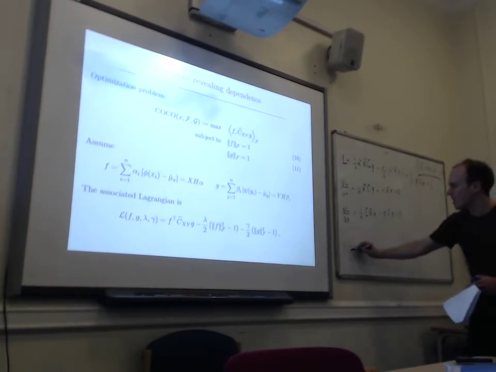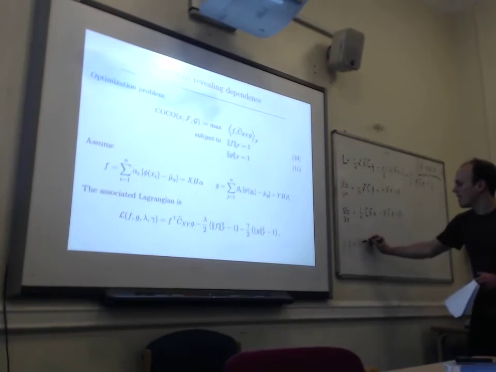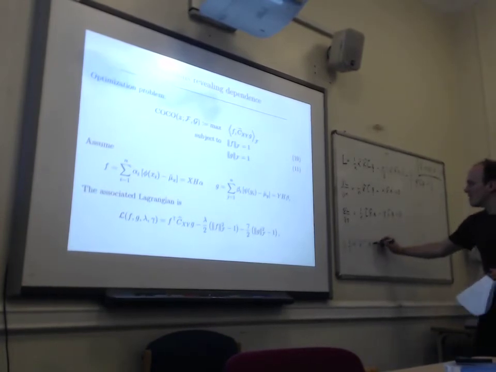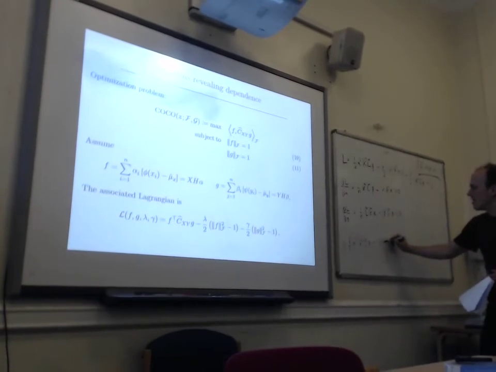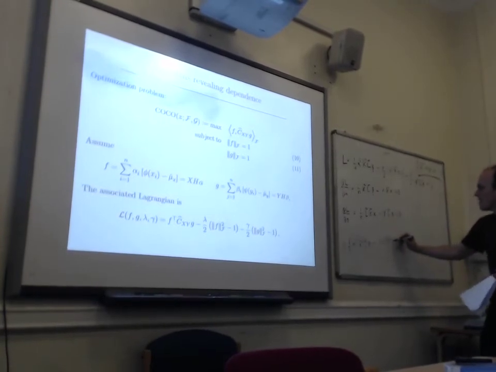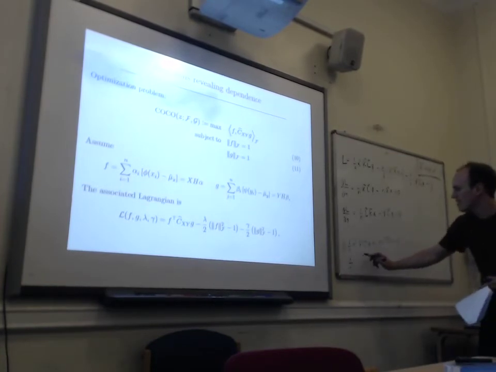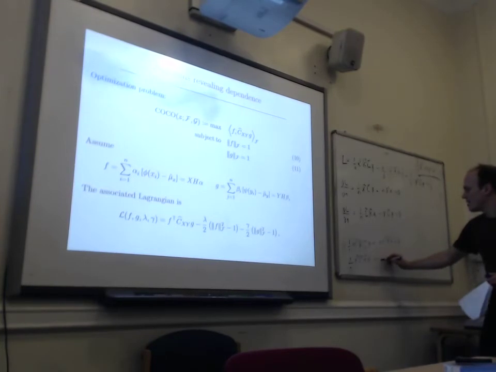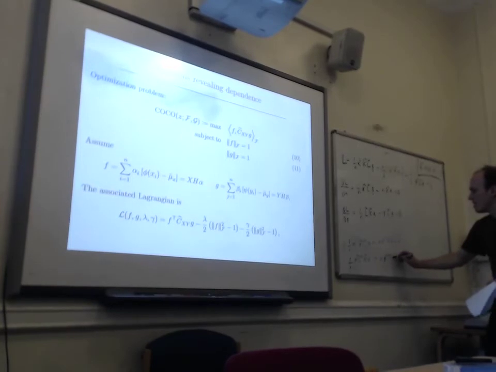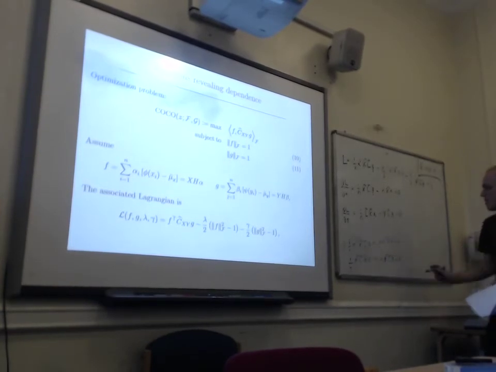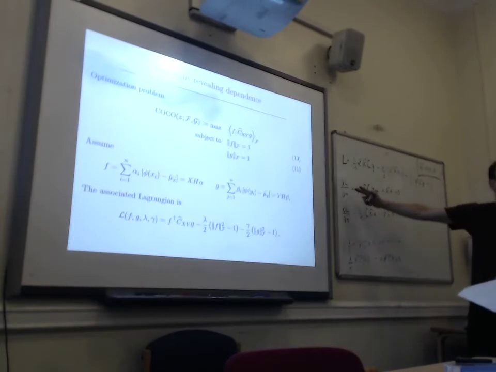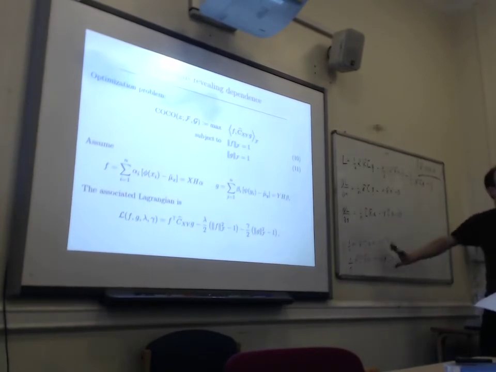We get 1 on n alpha transpose K L beta minus lambda alpha transpose K alpha is equal to 0. And then 1 on n beta transpose L K alpha minus gamma beta transpose L beta is equal to 0. So is that clear how I've got to these equations?